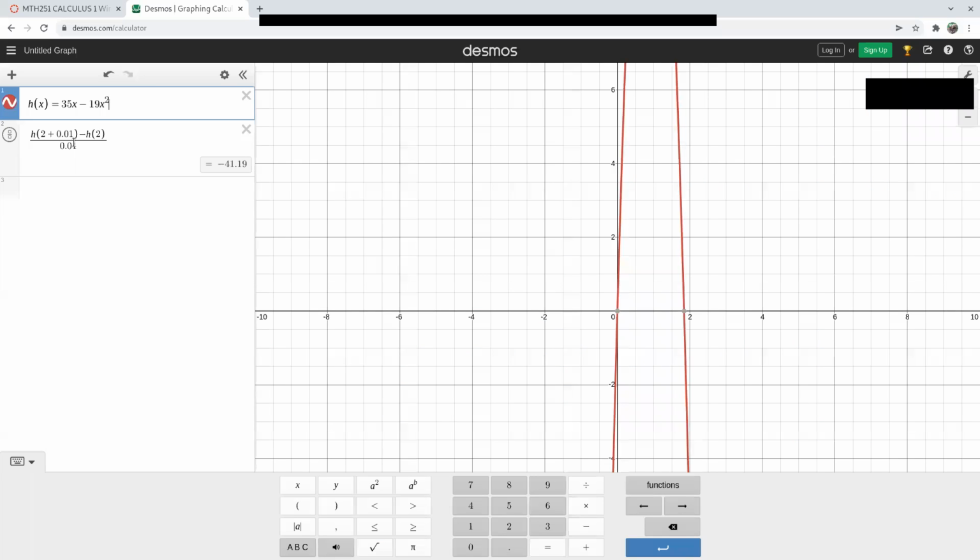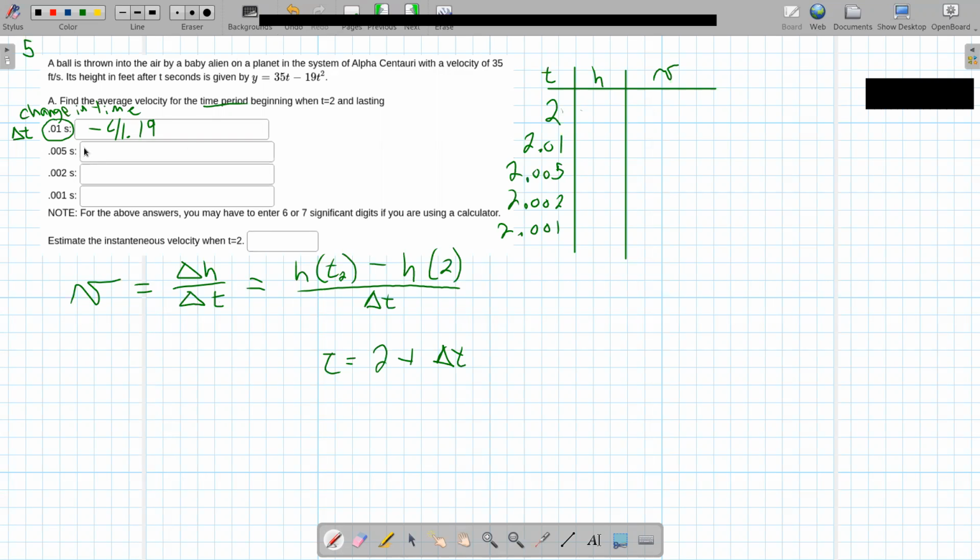And then we just keep repeating that. The next one was 0.005, adjust the bottom two, and I get negative 41.095. And then we just keep going, so these values here are getting closer to 2, right?